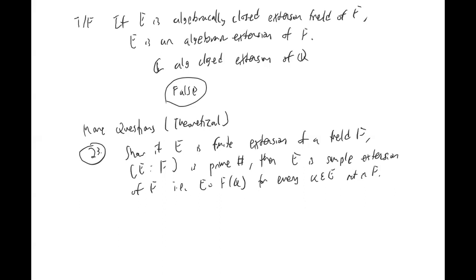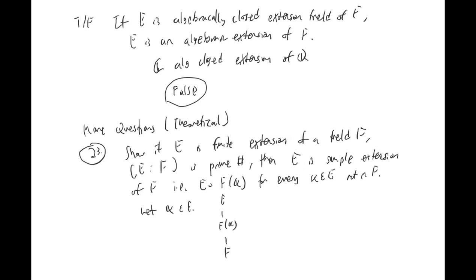Because certainly if I let alpha be in E, then do you agree that the field F(alpha) is a subfield of E? It's certainly smaller than E. That's the idea. So how do you argue this?